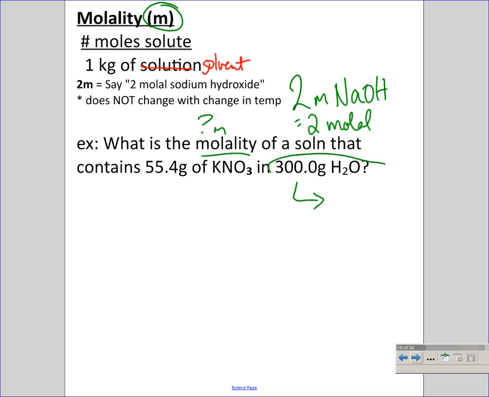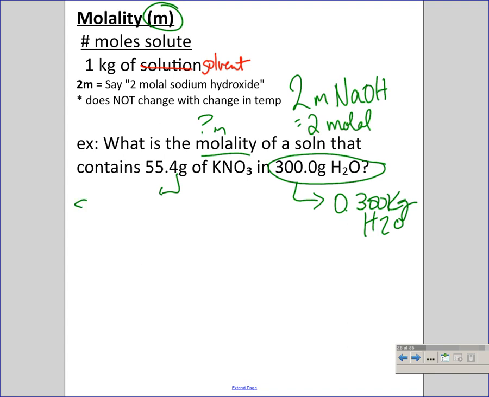Well, now, how do I know I'm using this as my solvent? Because water is a universal solvent and it's larger. Yes, solute. But this is also a large amount. Well, how many kilograms is this, people? 0.300 kilograms of water.